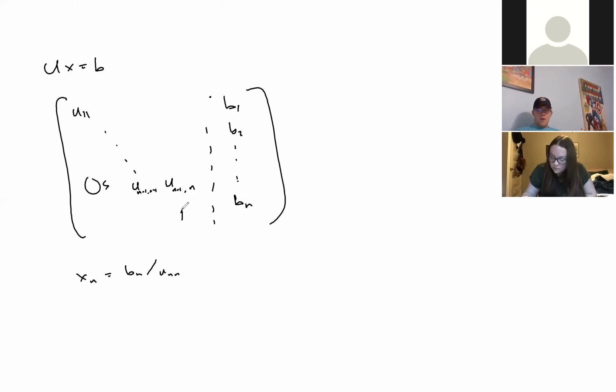If you're doing row reduction, what would be your next step? I would make the one above it a 0 and then divide by the number next to it. Right. So we would replace this row, I'll call this row n minus 1, minus whatever that entry is.